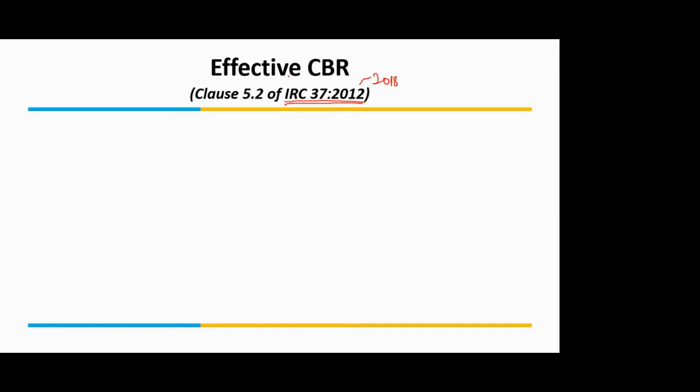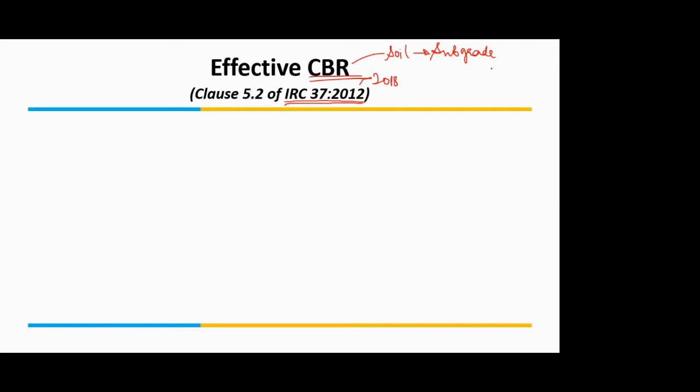Now, dealing with CBR or effective CBR, we all know what CBR is. We find this for a soil sample, and basically we intend to use that soil as a subgrade material. It may be the soil present at the site itself, wherever you want to place the subgrade, or maybe you are bringing it from some other area.